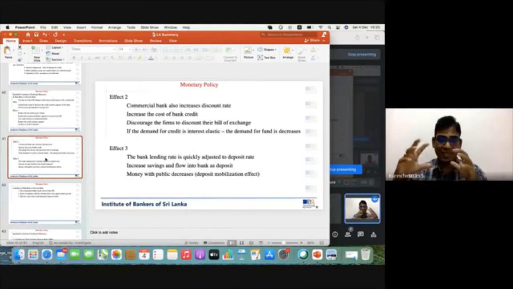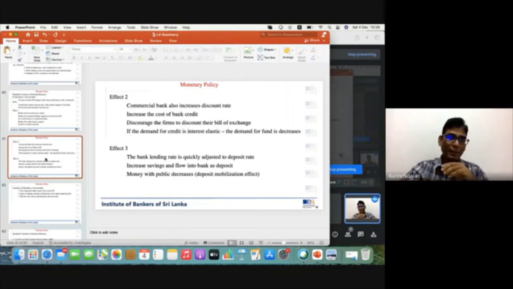At the same time people don't want to keep deposits because the very low rate is translated to the deposit rate. So now people are pulling out money and spending, so that also will create more demand. Now when the interest rate increases, in the current scenario the interest rate increases not because of the bank rate, but it will be reversed.